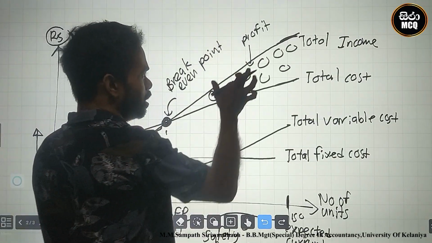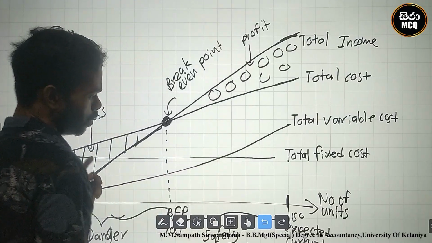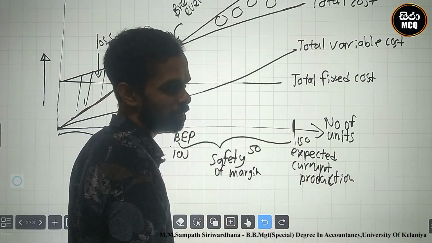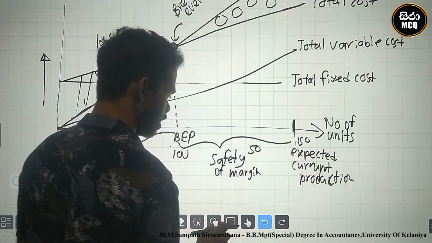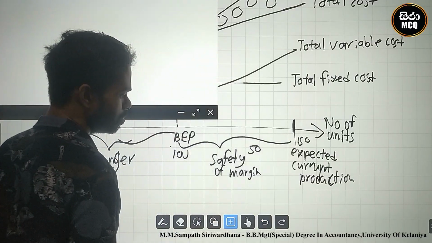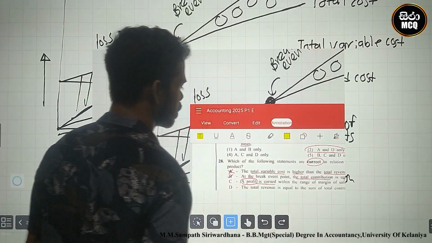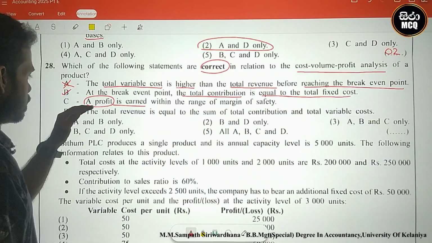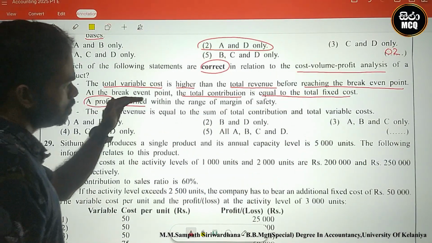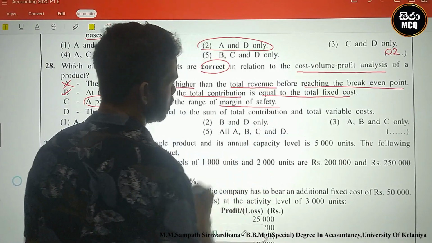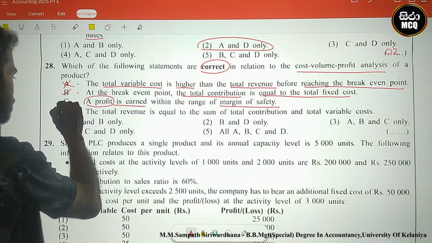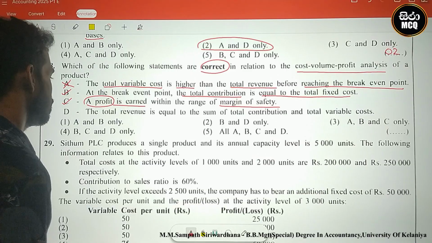Therefore, profit is earned within the margin of safety. We can agree with this. This is correct: the profit is earned within the range of margin of safety.